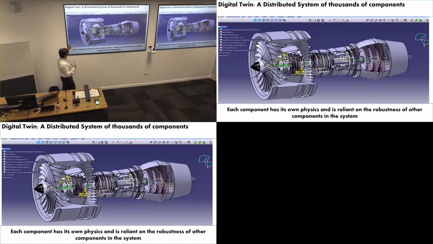Each component has its own physics, and that physics is not static. The physics is changing. That's number one. Number two is that this physics is not working in isolation. Rather, it is an interconnection of different physics objects. So an individual object may not be changing in its own physics, but physical changes in other objects may have influence on the operation of this entire machine.